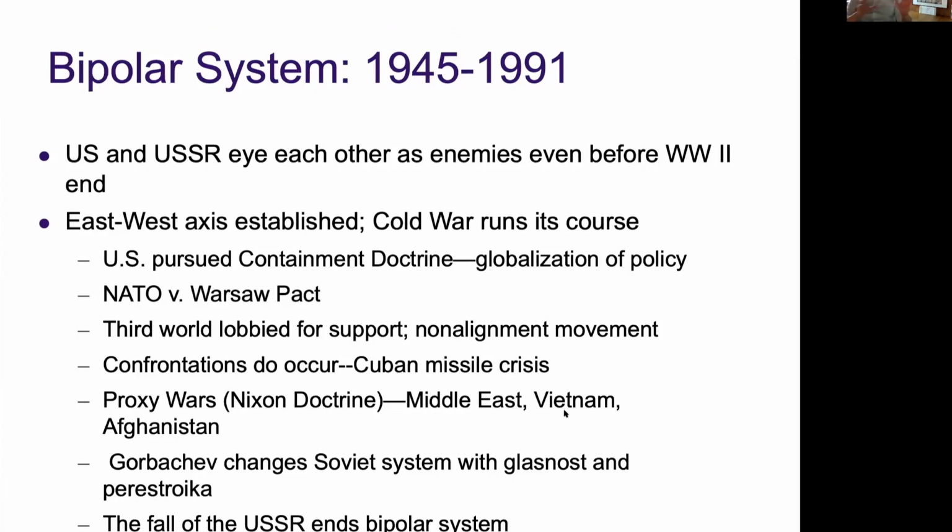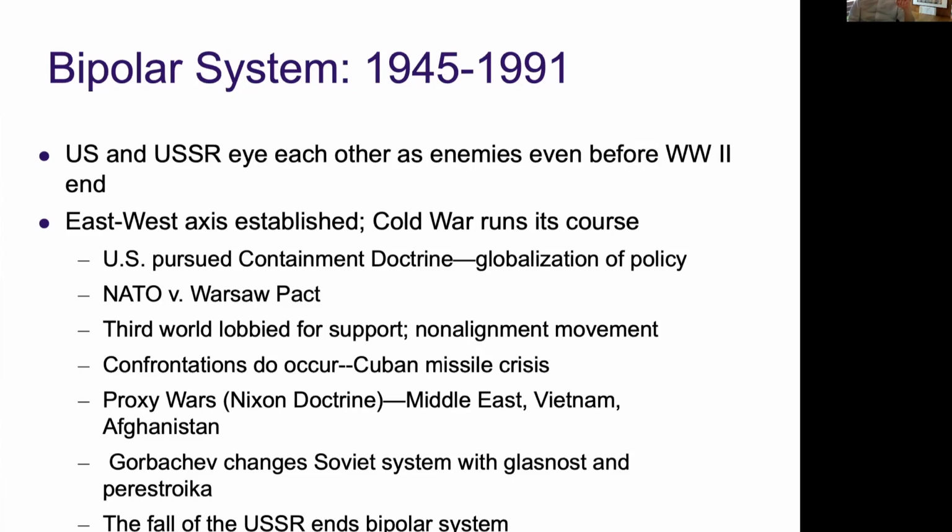So we had this shift from the multipolar system to the bipolar system. Now we could think about the stability of a bipolar system. And I think that's an interesting aspect.